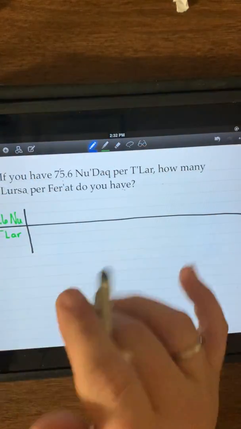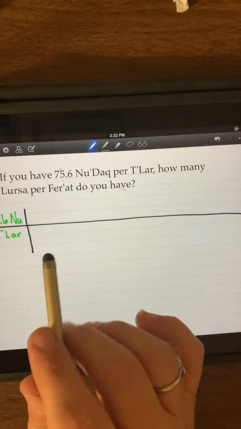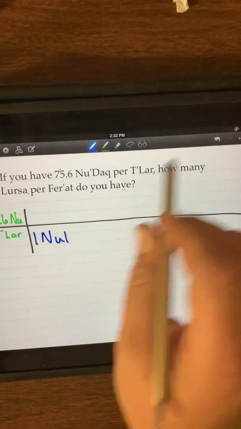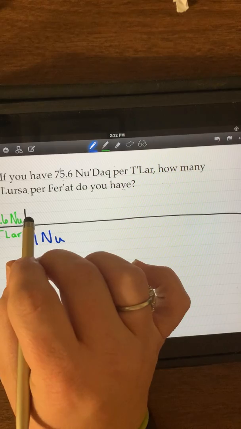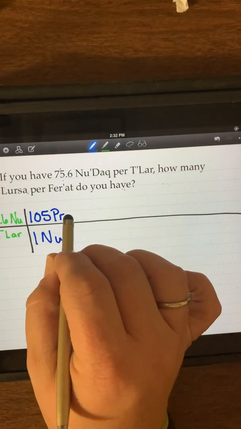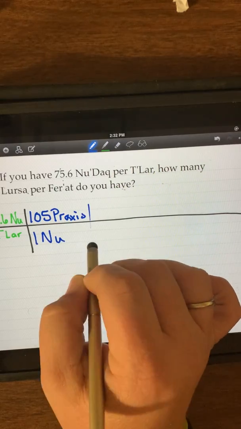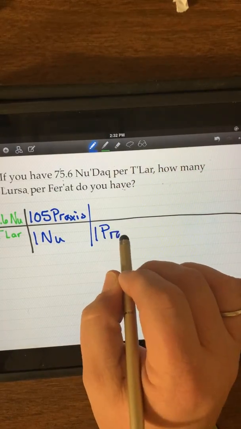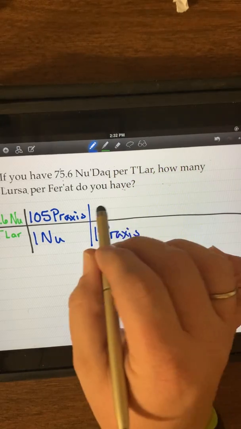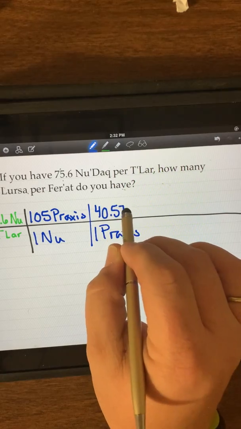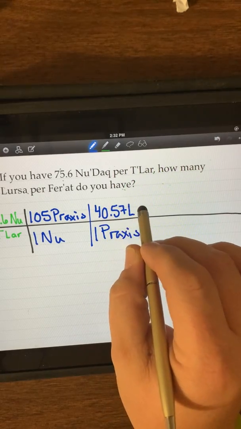So I'm going to go check out my chart, and I find out that 1 nudak is equal to 105 praxis. One praxis is equal to 40.47 lursa.